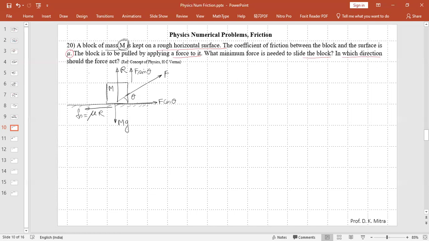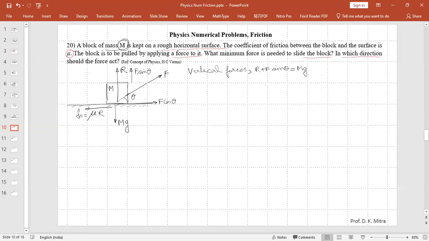Now, let's first consider the vertical forces. When we consider the vertical forces, we find vertically upward is F sine theta and reaction R. So reaction R plus F sine theta will be equal to the downward force mg.